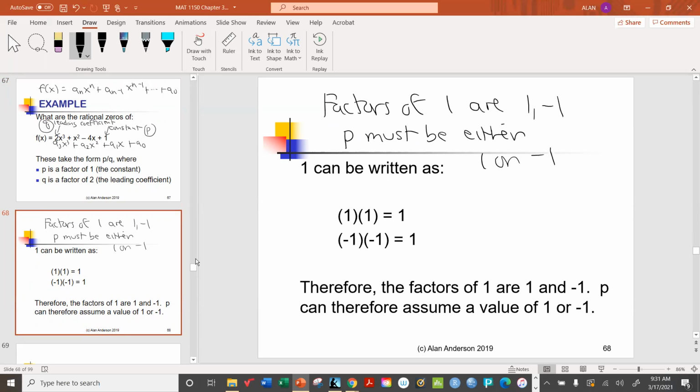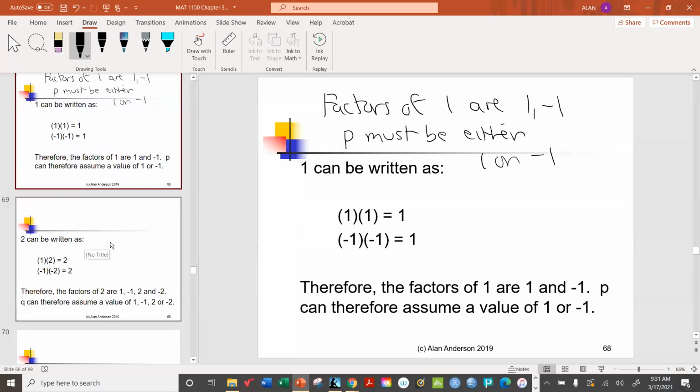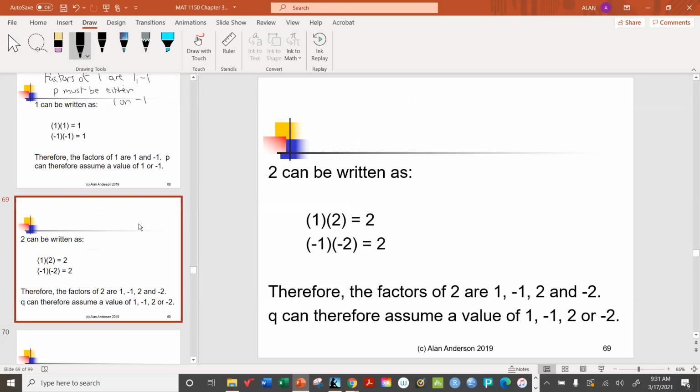Well, that means with 2, there's more possibilities. You can see the number of possibilities starts to really pile up after a while. So therefore, with 2, which is Q, Q is a factor of 2.